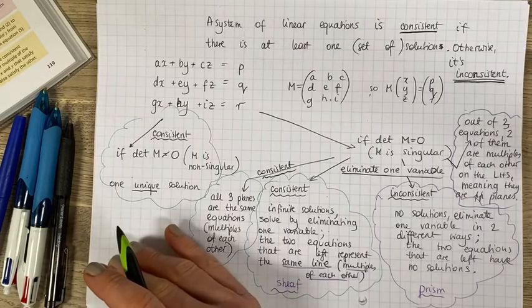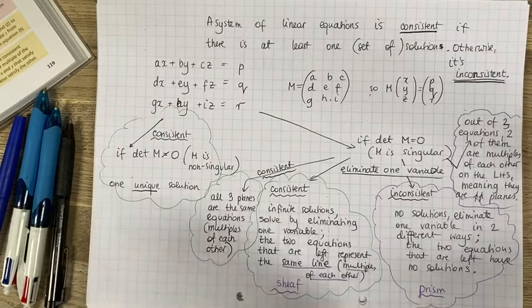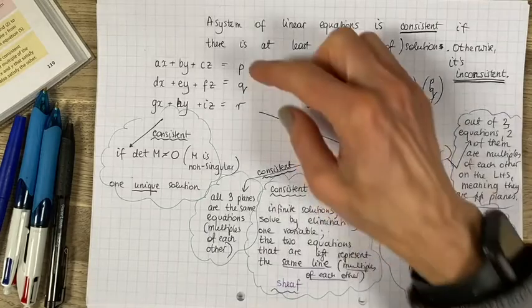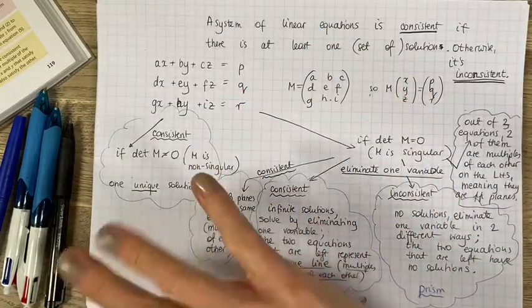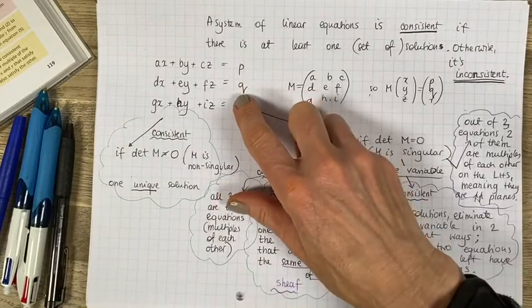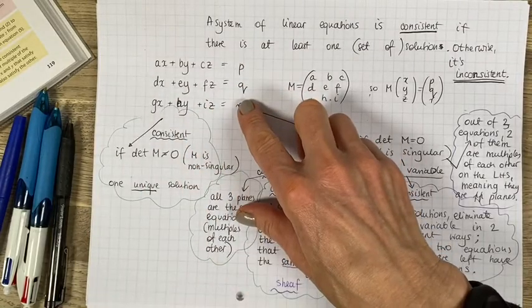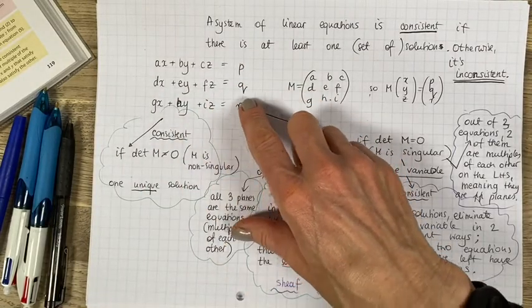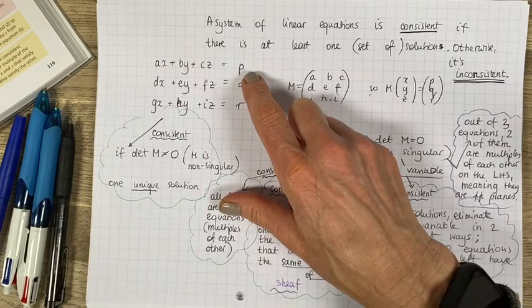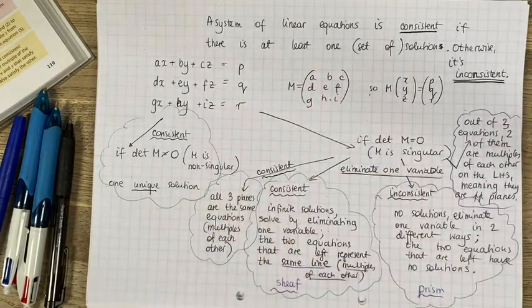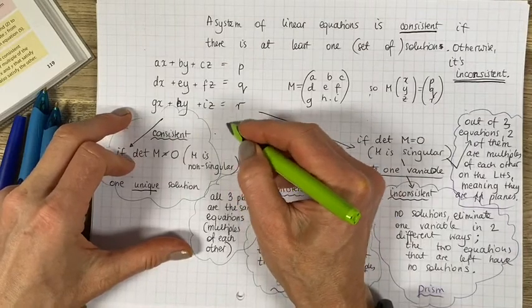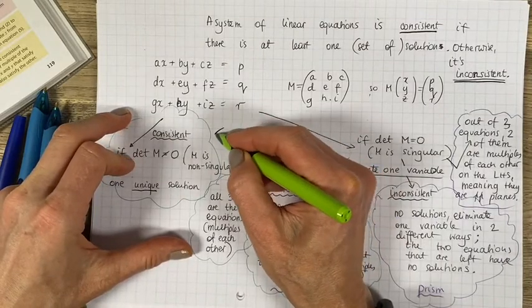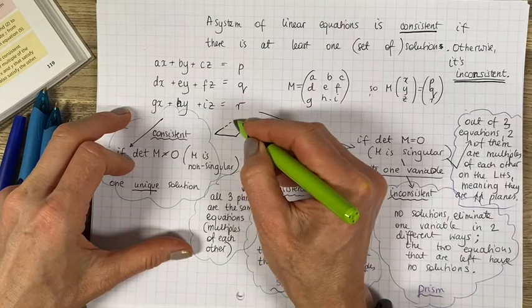If you connect this to geometry, each of those equations has three variables, three dimensions, and represents a plane. We'll talk about planes in another chapter, I think next chapter. That means those three planes will meet at one point. So it will look like this. I'm probably going to be rubbish at drawing it, but let's give it a good try.